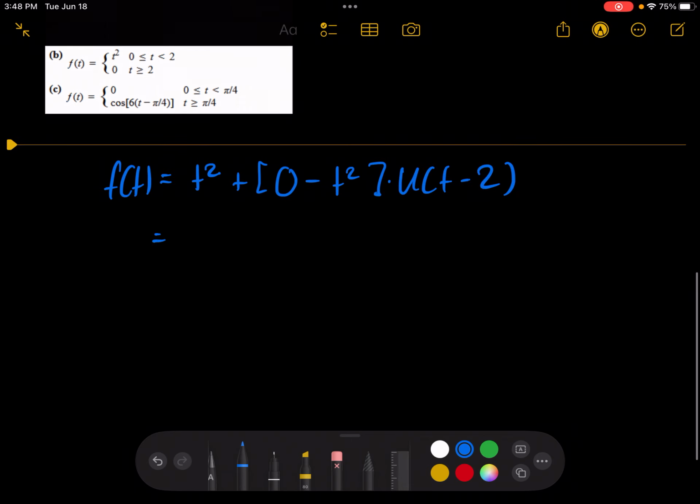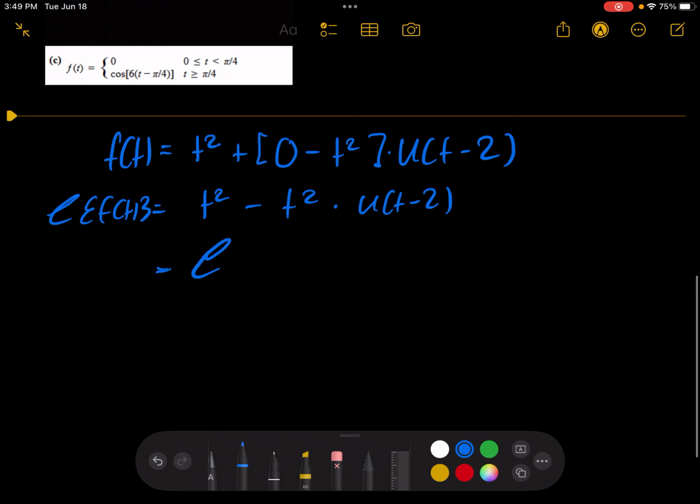And so we're left with t squared minus t squared times u at t minus 2, and then we're taking the Laplace of f at t, which would be the Laplace of t squared minus t squared times u at t minus 2.